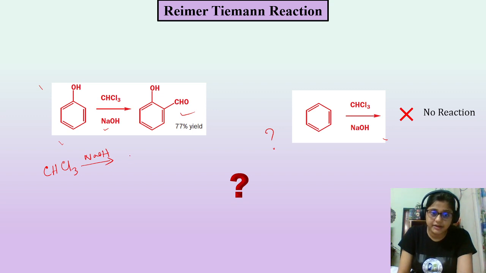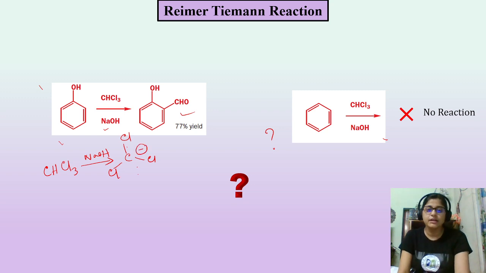Base is present, right? So first CCl3 with a negative charge will form, and then one Cl minus will be removed from here and it will form one carbene, the CCl2 carbene.